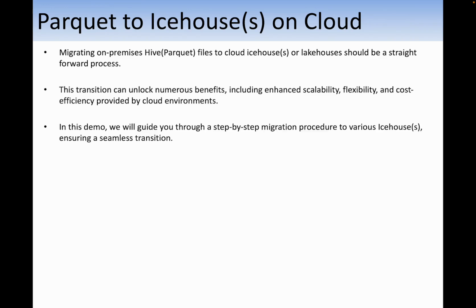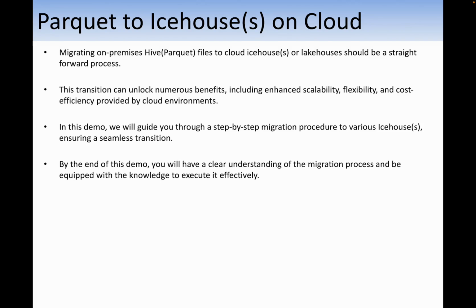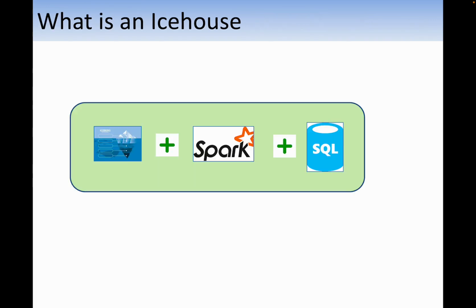Here I'm going to do a step-by-step migration procedure to Icehouse, ensuring a seamless transition. By the end of the demo, you will have a clear understanding of every step of the migration. Then you can implement it in your projects. What is an Icehouse?